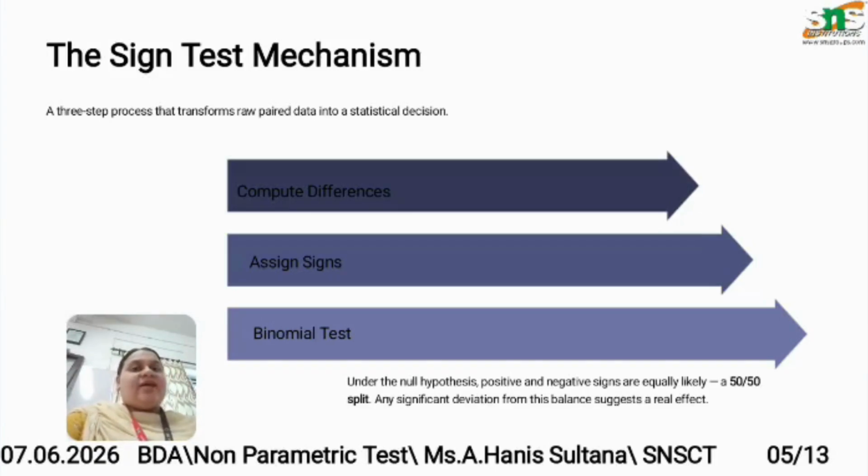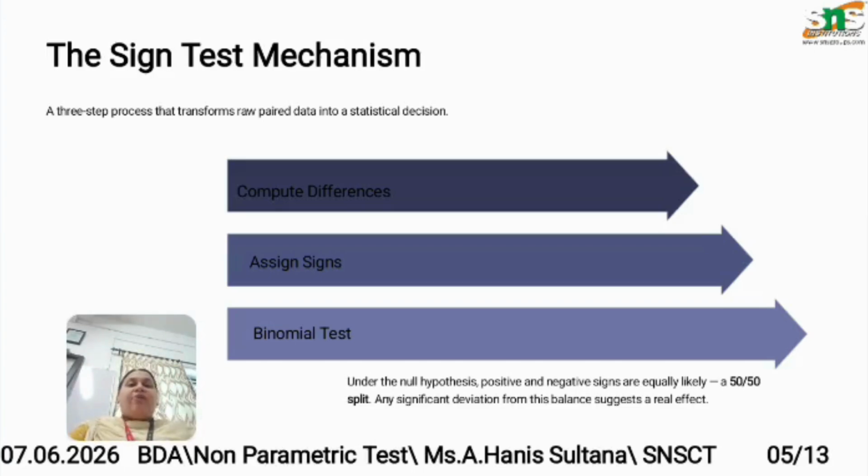Next, we assign the signs, whether it is a positive sign or negative sign, whether there is a positive difference or negative difference. If there is no difference, we call it neutral. If there is a difference, yes, the students are giving positive feedback and have understood so and so concepts, we go ahead with the positive sign.